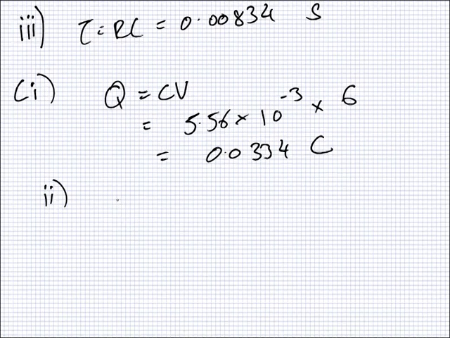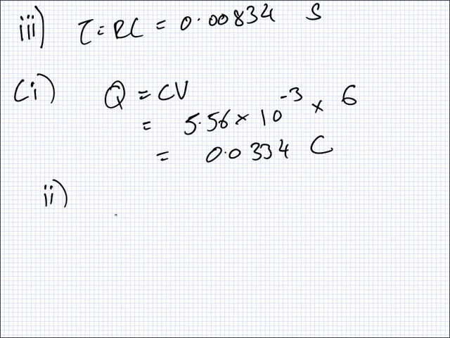C2. If the charging process is carried out at a constant current of 5 mA, determine the time taken to charge the capacitor to 6 volts. Okay, that's using the 6 volts.